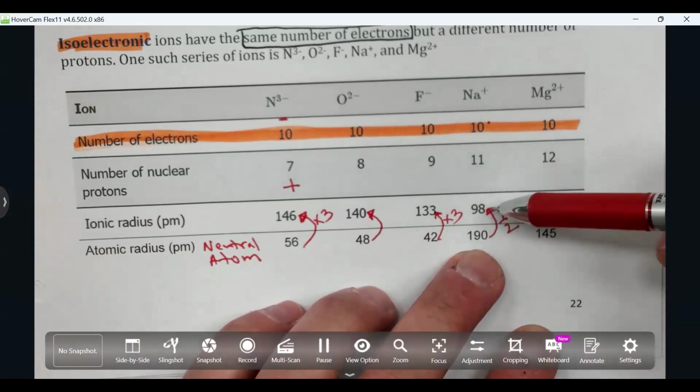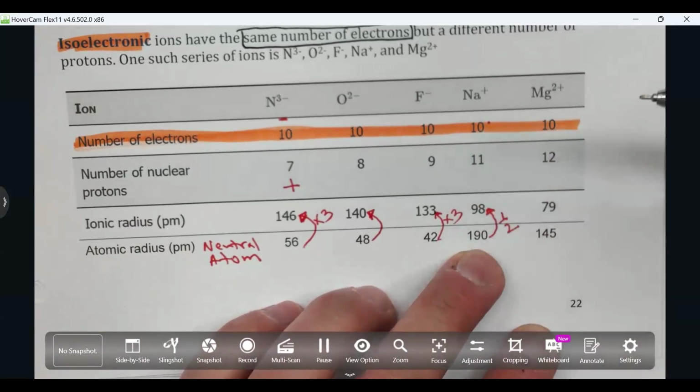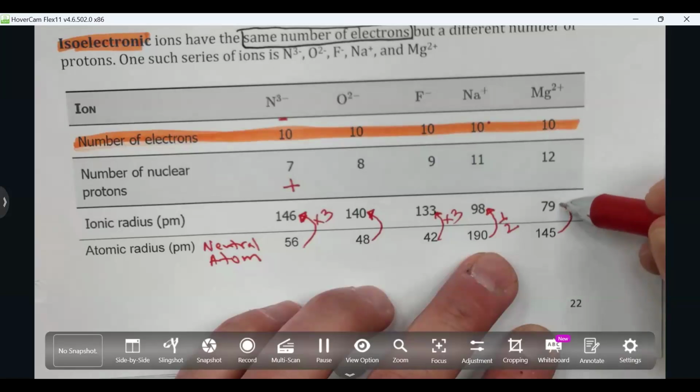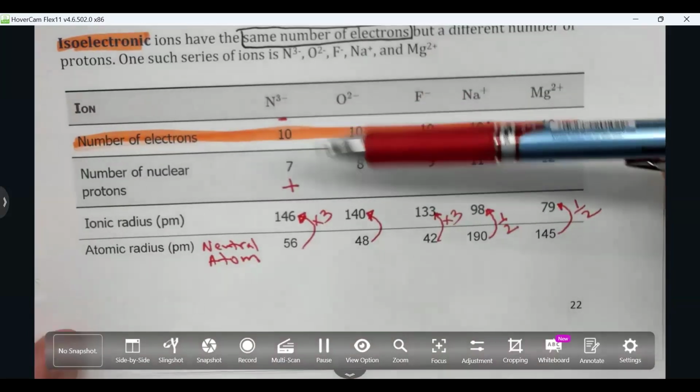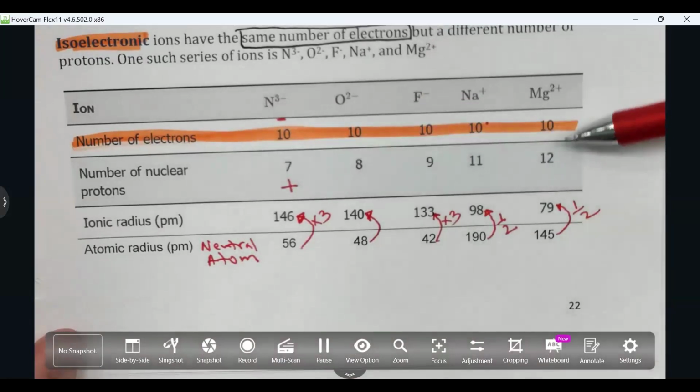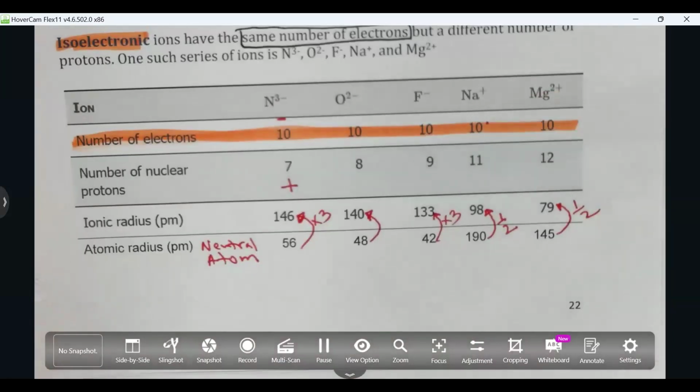Not only that, you're getting rid of an entire level. You're getting rid of that 1s electron. So what you're looking at for a pattern is the more protons, the tighter you can pull in the same number of electrons.